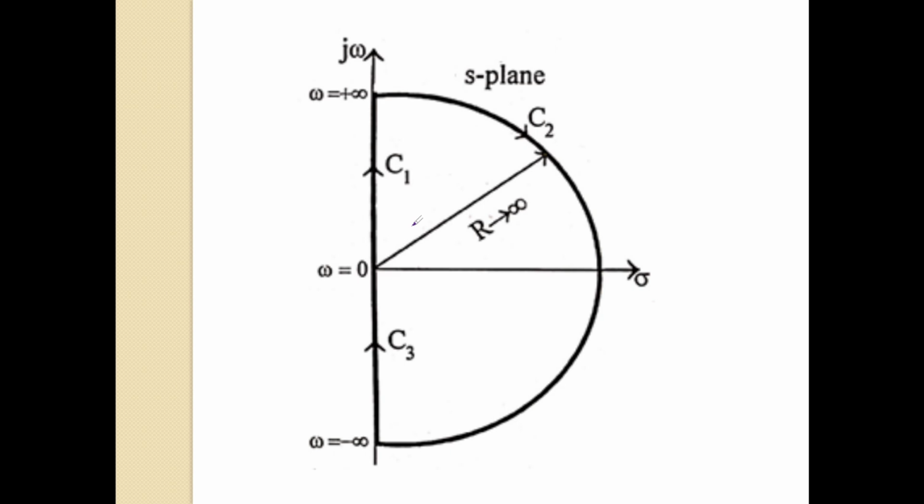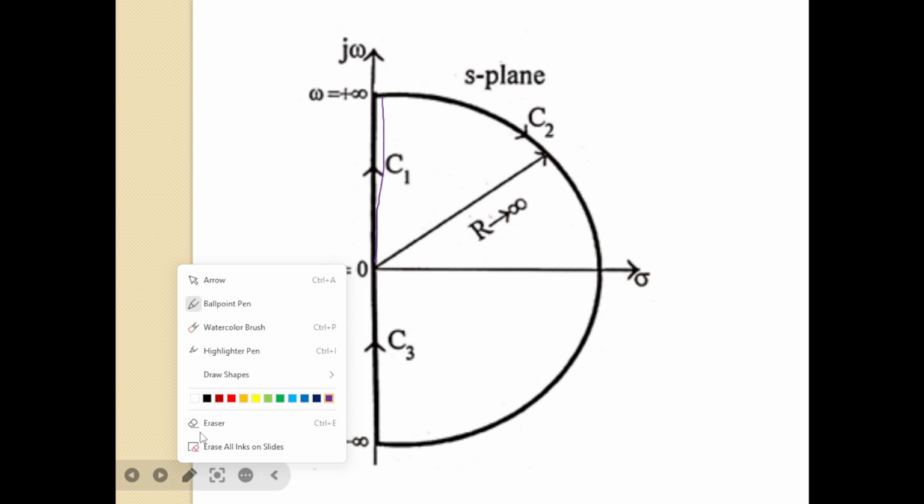Individually, whatever contours we get for each section, we will map them and then combine them to get the overall Nyquist plot. So let us start with the mapping of section C1.